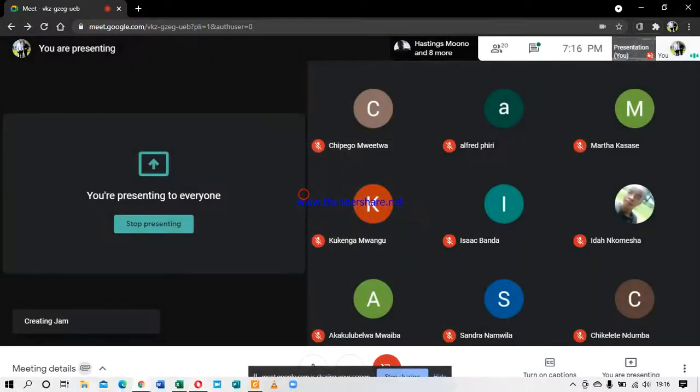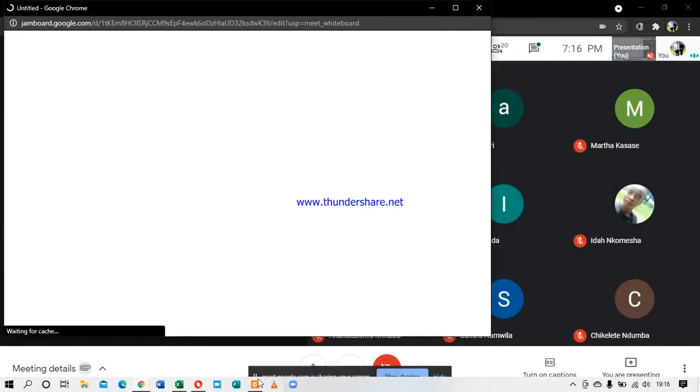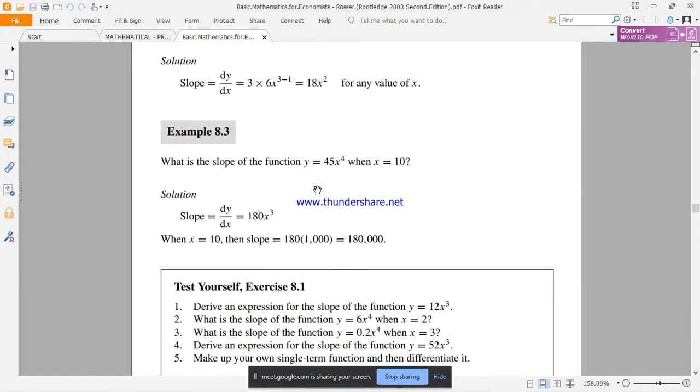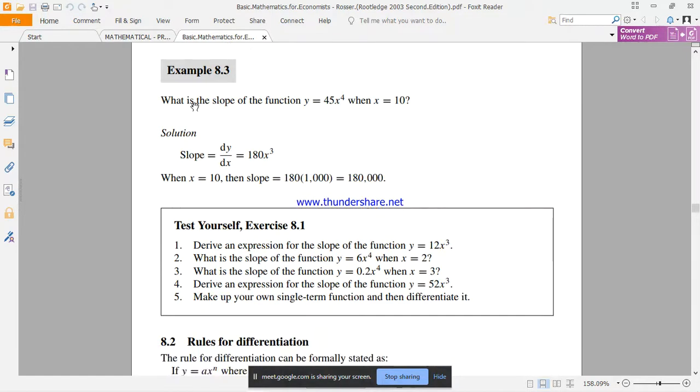That is how we find the derivatives of simple equations or linear equations, to make things simple. For simple equations like this one, you can use that particular rule. It's going to apply. Then the other exam question is, what is the slope?